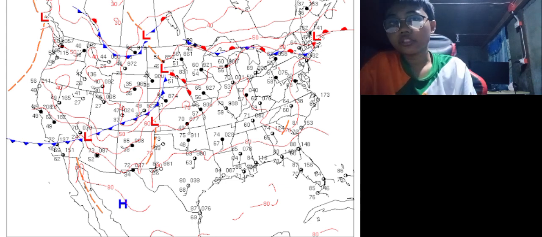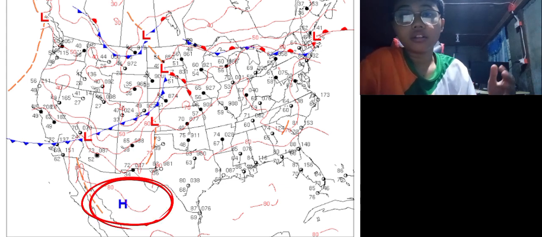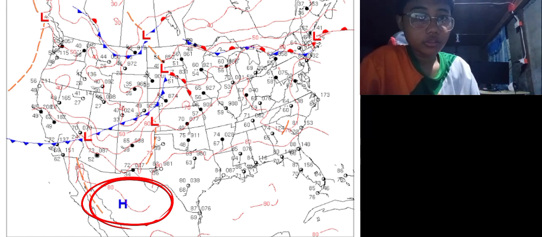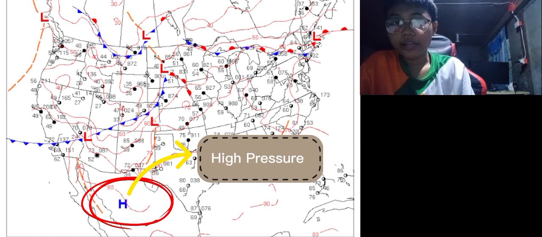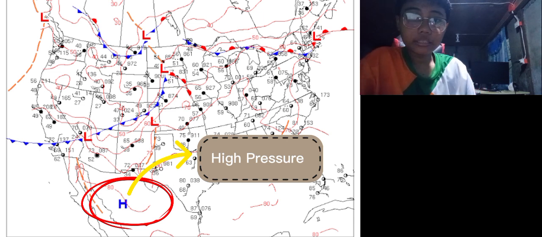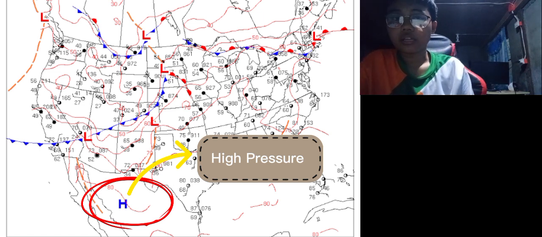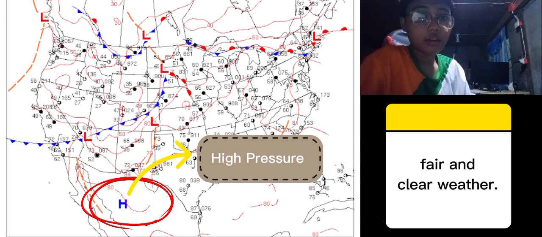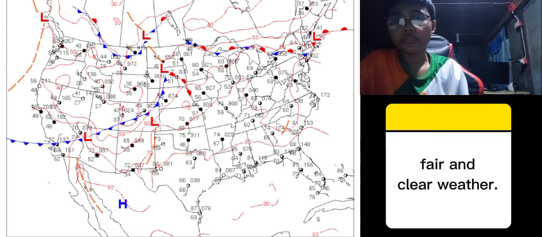If you notice here, we have a large blue H symbol in our surface weather map. This indicates high pressure areas, meaning that the areas surrounding it can expect clear skies, light winds, and calm, dry weather.